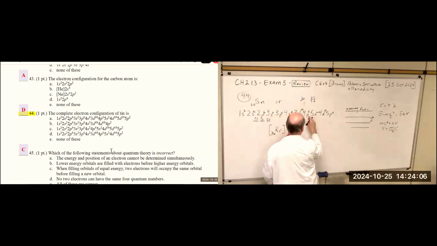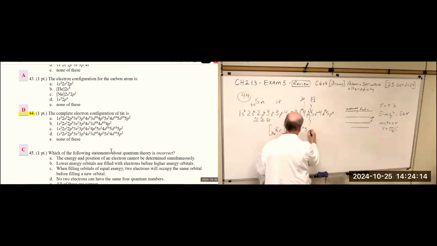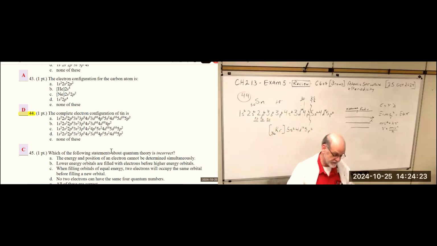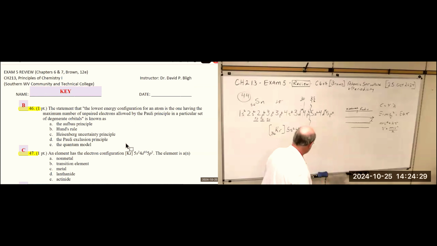So if this is 30 and this is 6, then we would have 5s2, 4d10, 5p2. And that would be abbreviated format for this. But it asks for the complete configuration, so we kind of have to do it. 46.